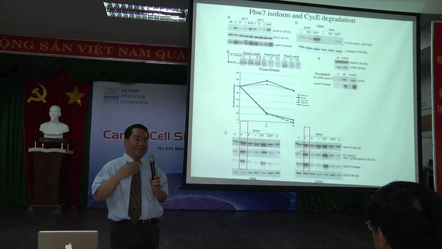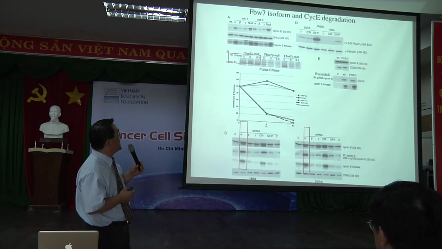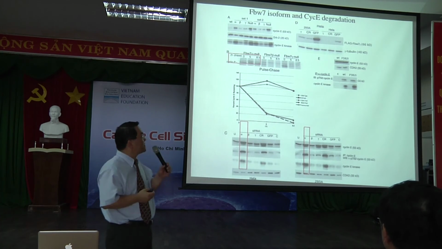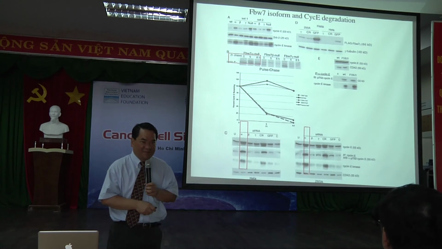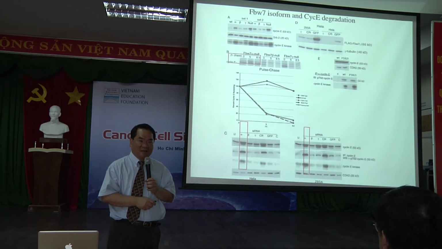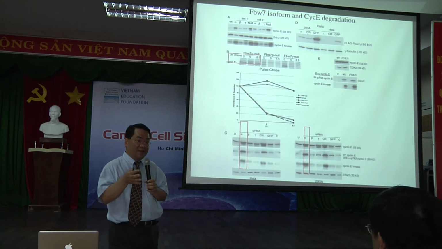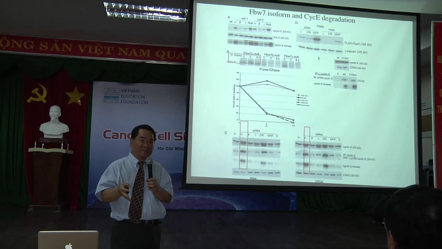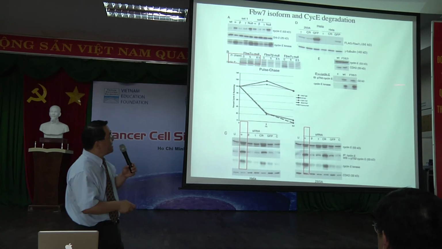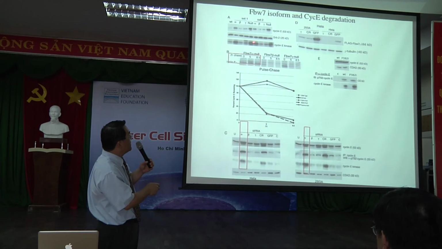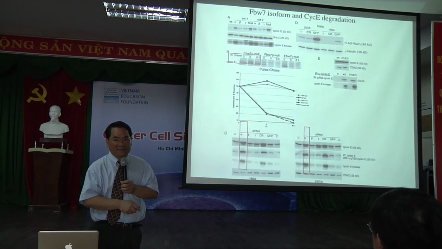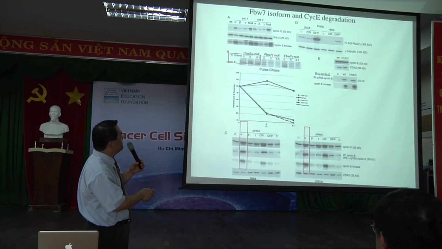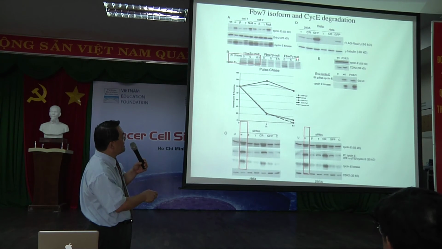Now we come to an experiment on how to study these isoforms on cyclin E degradation. Again, here is another pulse-chase experiment. The scientists manage to knock out the alpha form gene, the beta form gene, or the gamma form gene. Now you take a look. In the alpha null cell, the cyclin E turnover rate has been stabilized, but not in the beta form null cell or gamma form null cell.